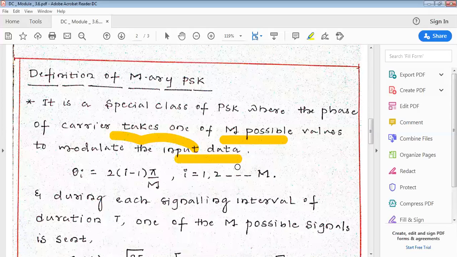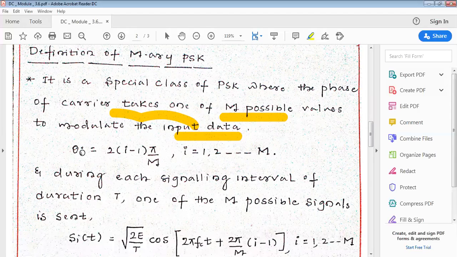So whenever you have the binary input data, each bit in the input data is modulated by the phase of the carrier, which can take one of M possible values, right?